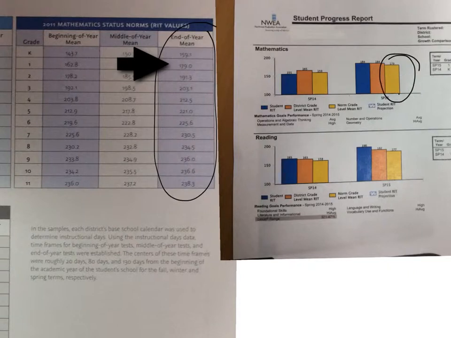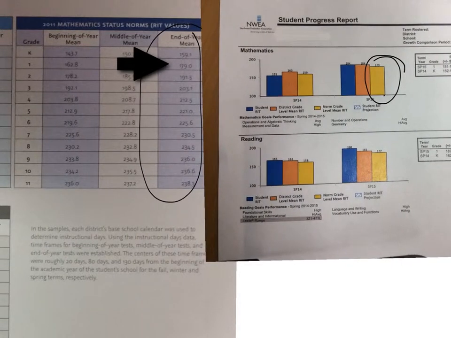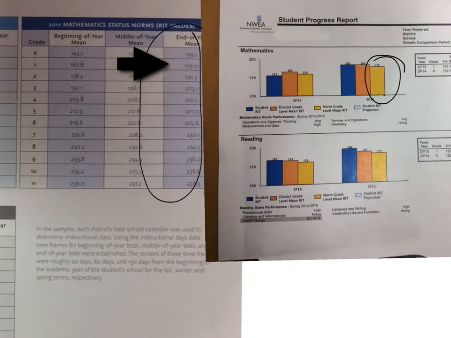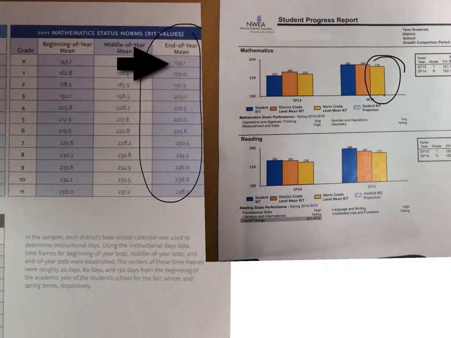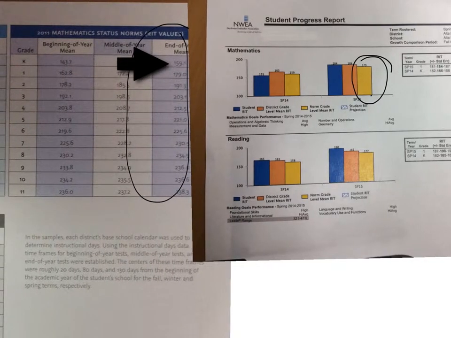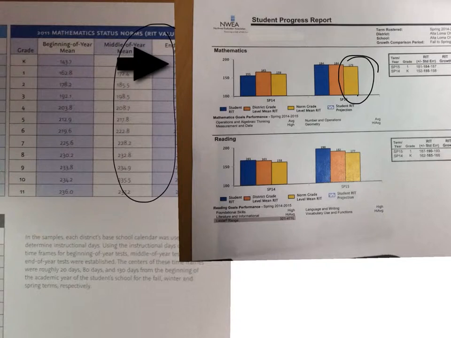So now let's look back at last year and look at how the student did comparing last year to this year. So last year we're going to be looking at the kindergarten number and then the student's kindergarten number. For last year, we can find that by looking right here.